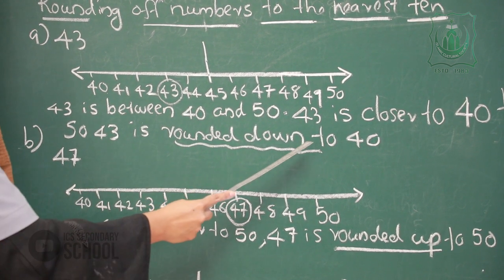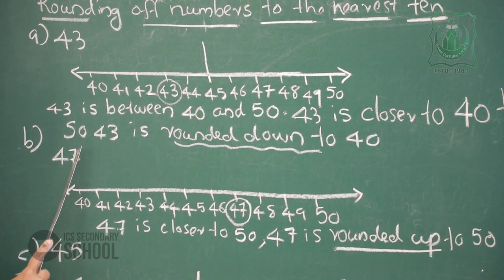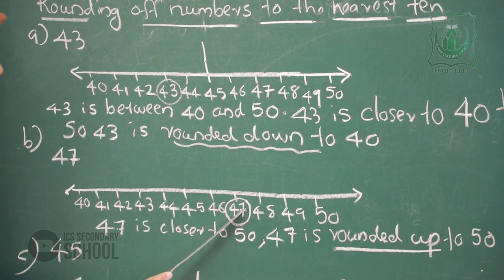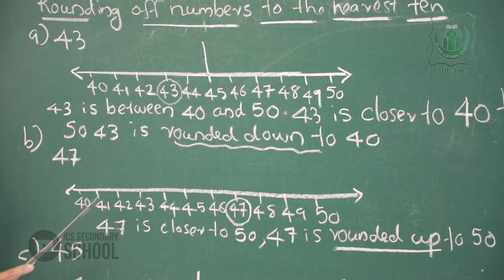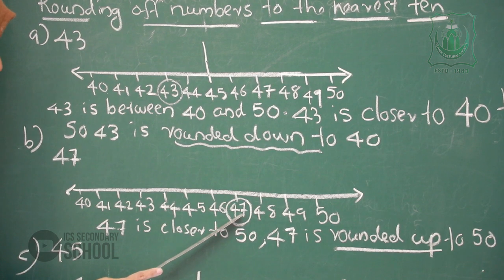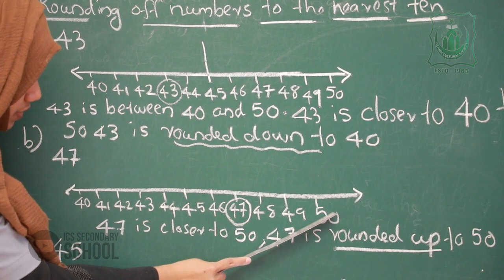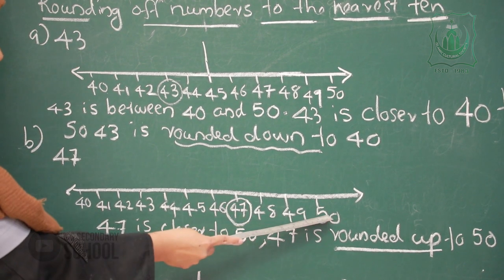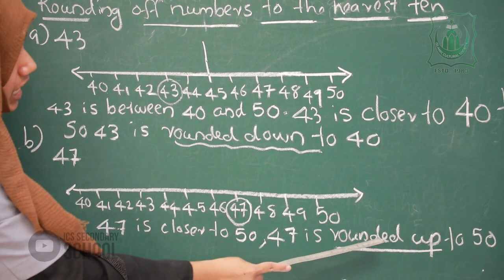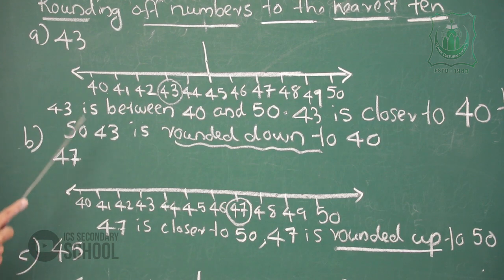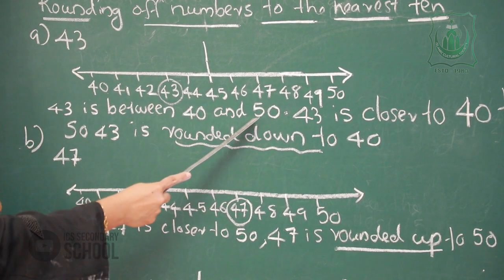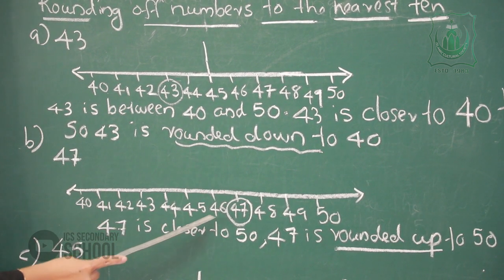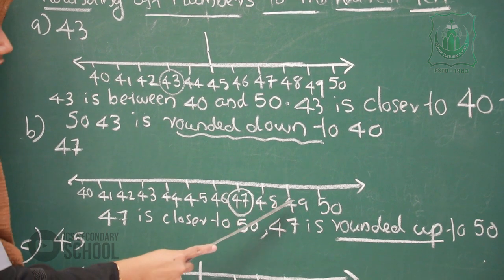Okay, rounded down. Next is 47. 47 is closer to 50 compared to 40. So it is rounded up. In the case of 43, it is rounded down, but in the case of 47, it is rounded up.